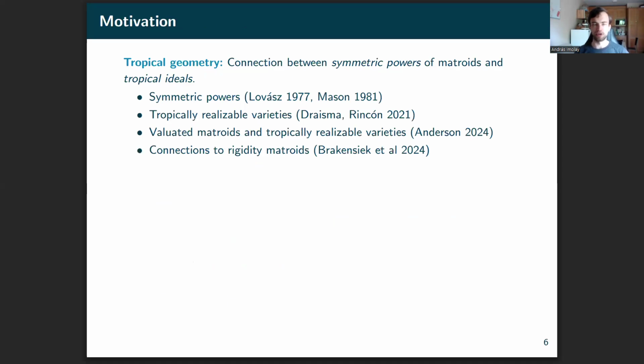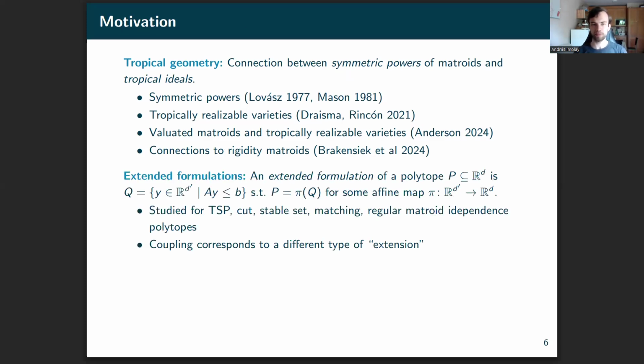Okay, so some motivation about this. In recent years, it turned out that tropical geometry has a connection with matroid products, and hence they started to consider matroid products in this totally different point of view.